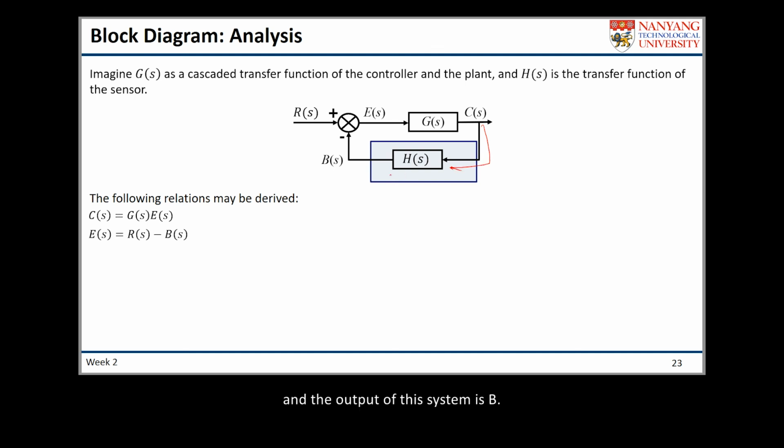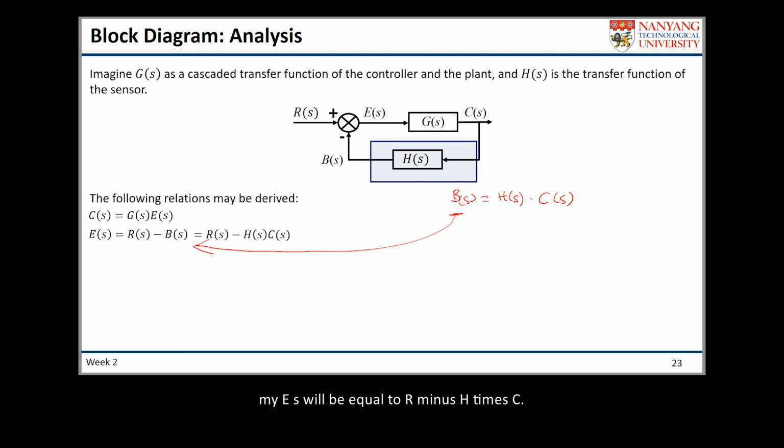And the output of this system is B. So B(s) is equal to H(s) times C(s), right? And then I can substitute this B(s) to here. At the end, my E(s) will be equal to R minus H times C, right?